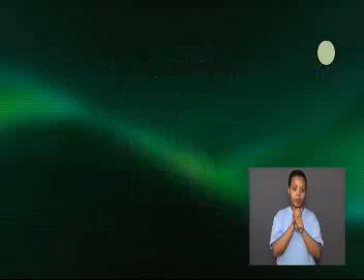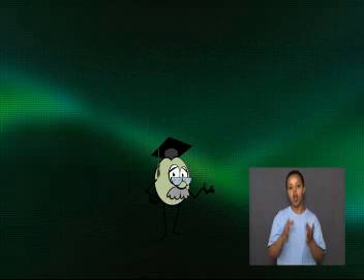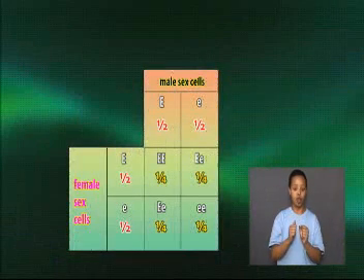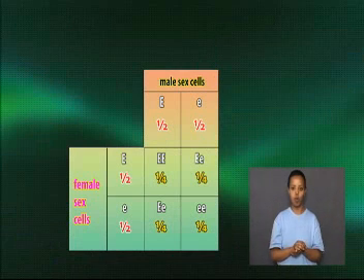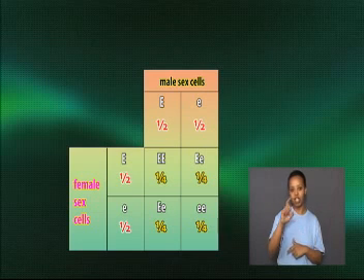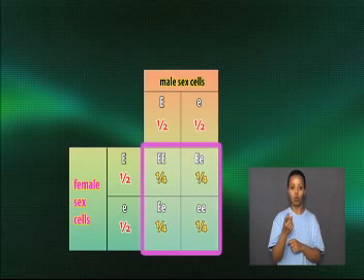Time's up. Let's get back to our lesson. Hello again, students. We can find our answer by drawing a table like this. The dominant gene is expressed by a capital E, and the recessive gene is expressed by a lowercase e. As you can see, there are 4 combinations of genes.